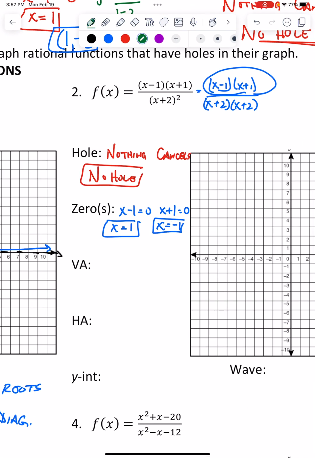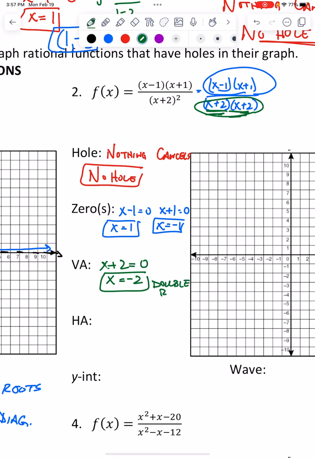Vertical asymptotes come from the bottom, so x plus 2 equals 0, and we get negative 2. Again, there are two of those, so this is a double root. Since it's a double root, our branches aren't going to be diagonal anymore, so we might need the wave.